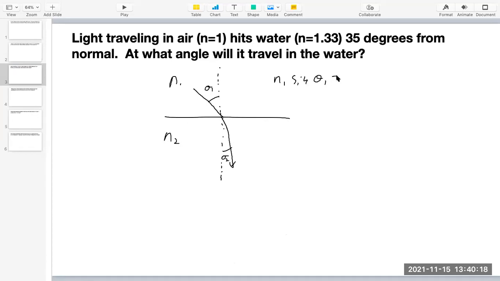So Snell's law. And our goal is theta 2 for the angle it's going to be traveling in the water. So isolating for theta 2.